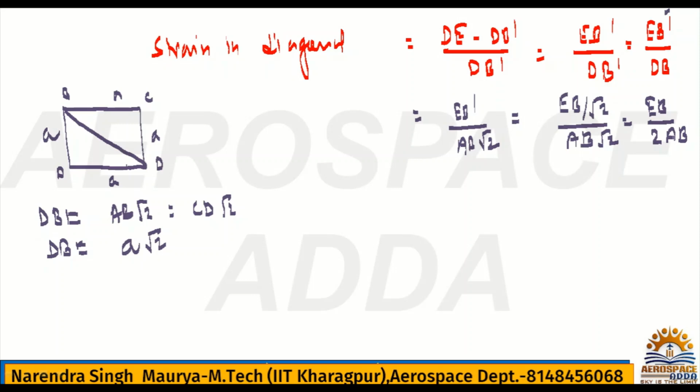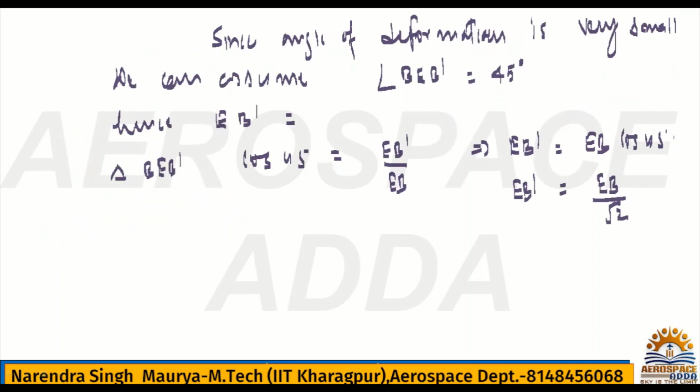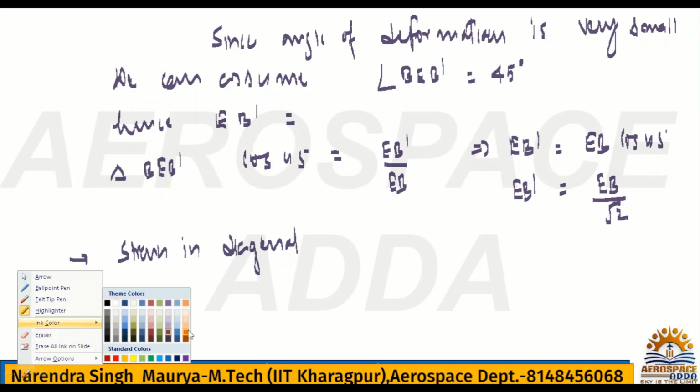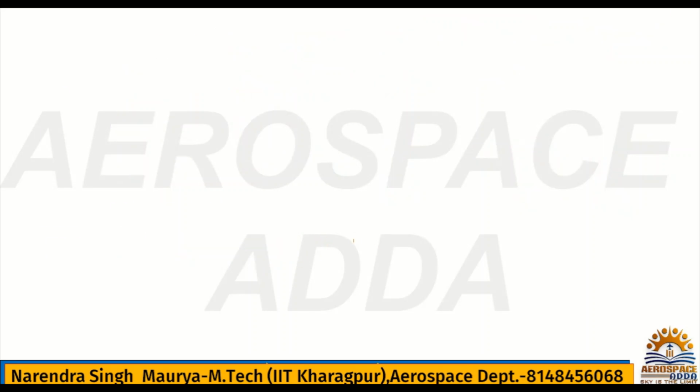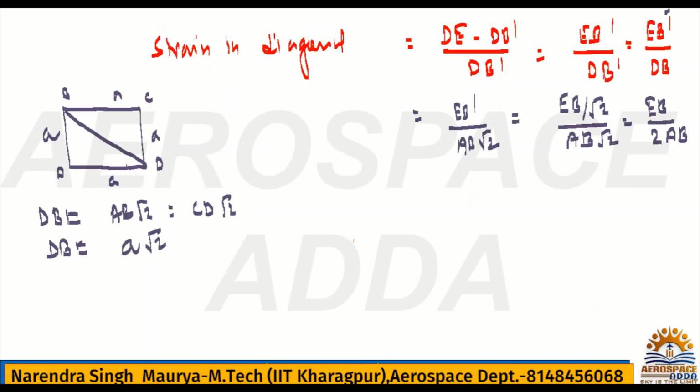Now coming to the next step, up to this it is clear. Now in diagonal, what is the strain in diagonal? Strain in diagonal, what you had here, see, this value is nothing but, just now you had written here, it was EB dash divided by AB root 2.